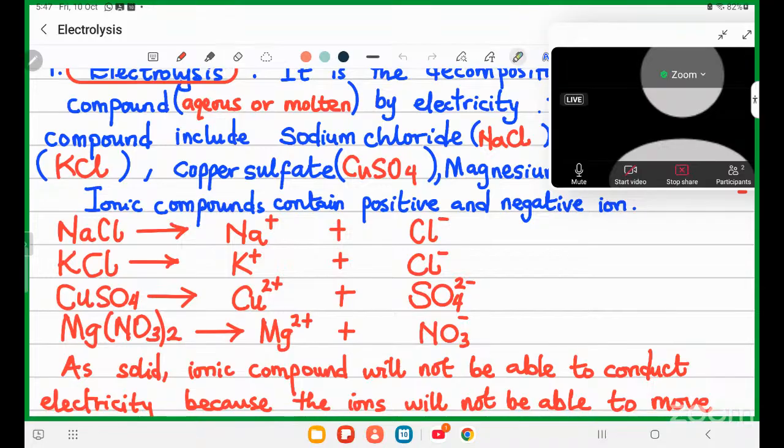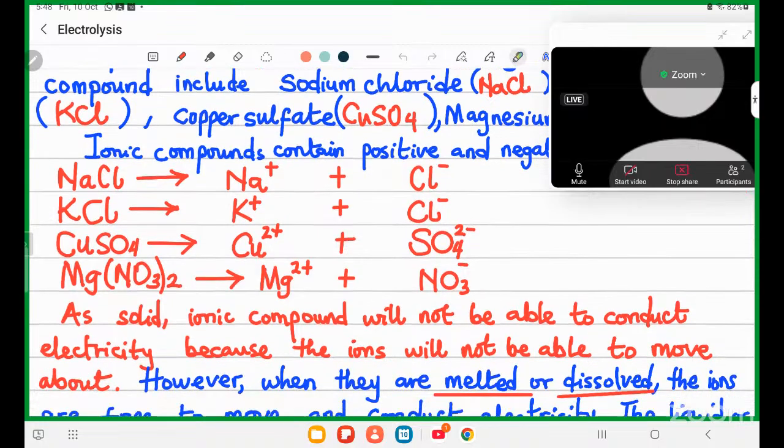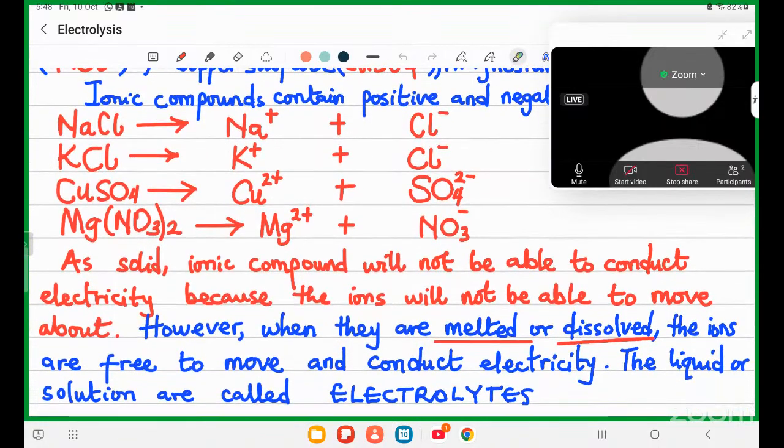We showed similar for potassium chloride, also for copper sulfate, which gives us copper 2 ion and sulfate ion, and the magnesium nitrate will give us magnesium ion and the nitrate ion. So that is what will happen to them when they ionize.